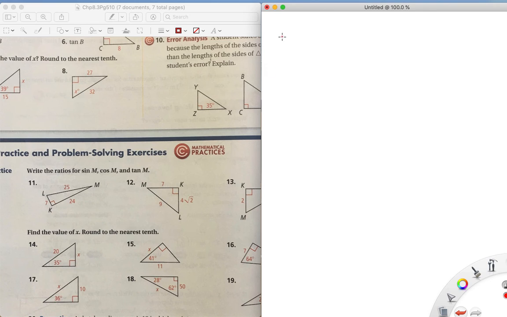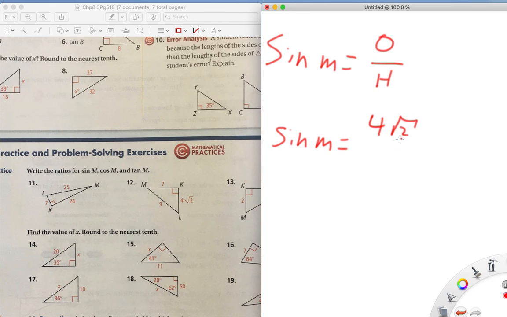When we talk about sine of m, in this case, remember sine, the SO, is opposite over hypotenuse. So when I look at number 12, sine of m is going to be 4 times the square root of 2 over the hypotenuse, which is 9. So sine of m is 4 root 2 over 9.